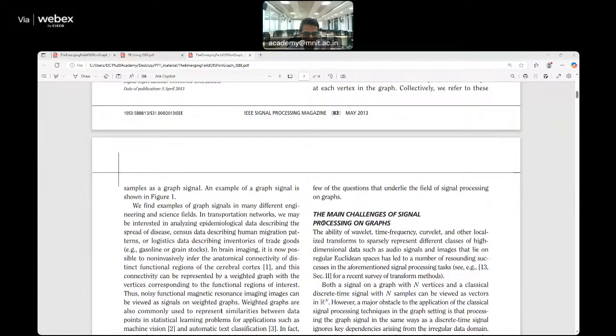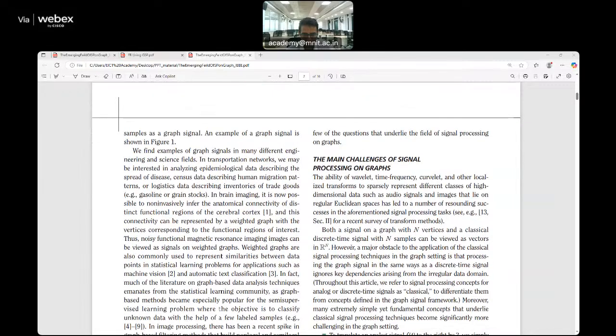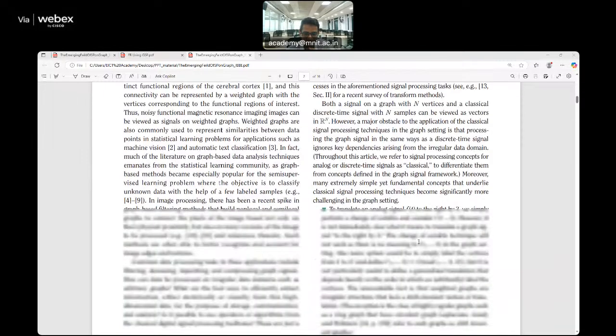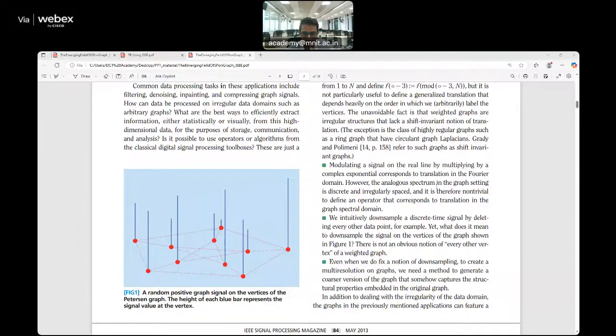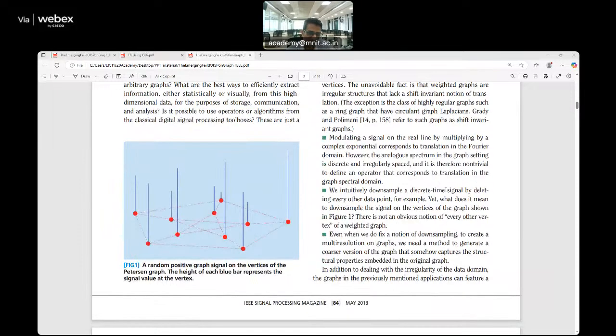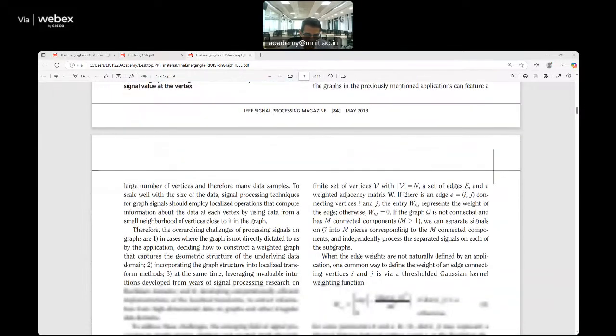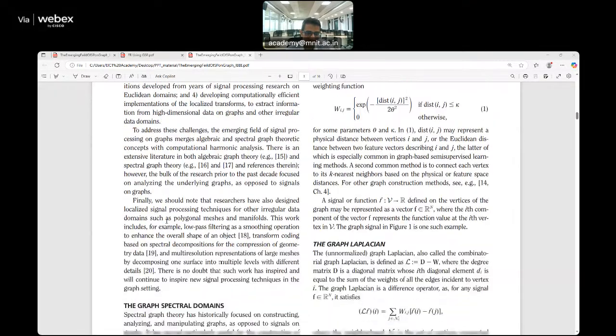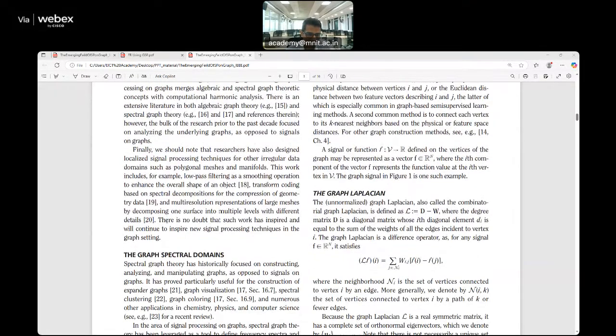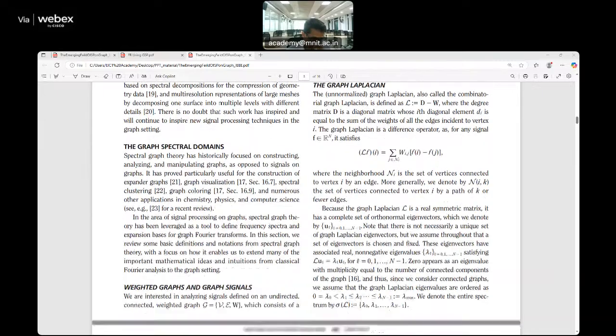When everything was simply a concept, people were thinking about whether it could be applied at a concept level. So many challenges were there. What challenges? See, it has been shown here: modulating a signal on the real line, how will we find the frequency? So many things were there at that time. You will get into the detail of how things actually work.